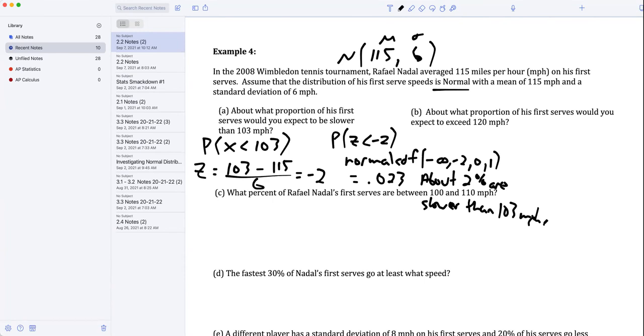All right, about what proportion of his first serves would you expect to exceed 120 miles per hour? So I want the proportion that x is greater than 120. I need to find a z-score. It's going to be 120 minus 115 over 6, which gives me 5/6, which is 0.833.